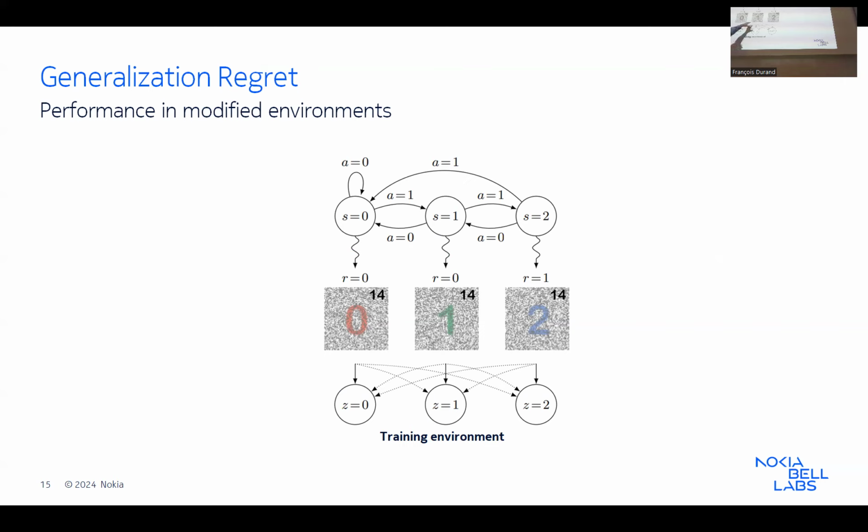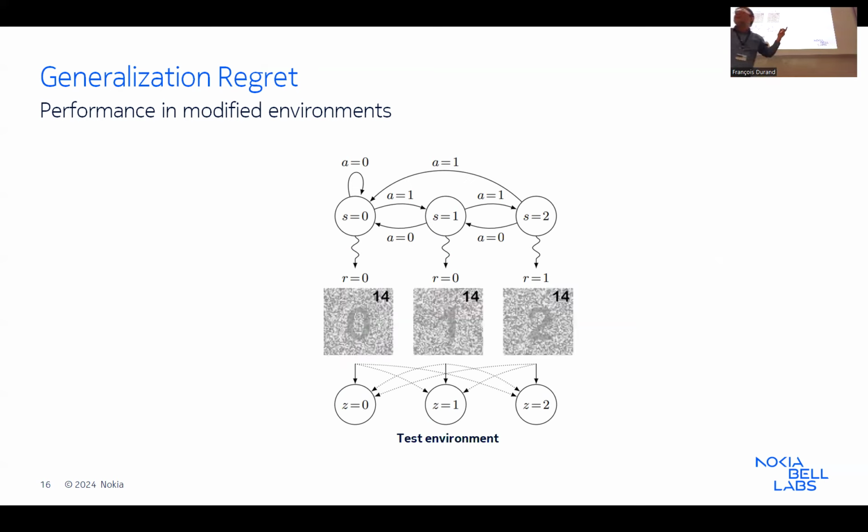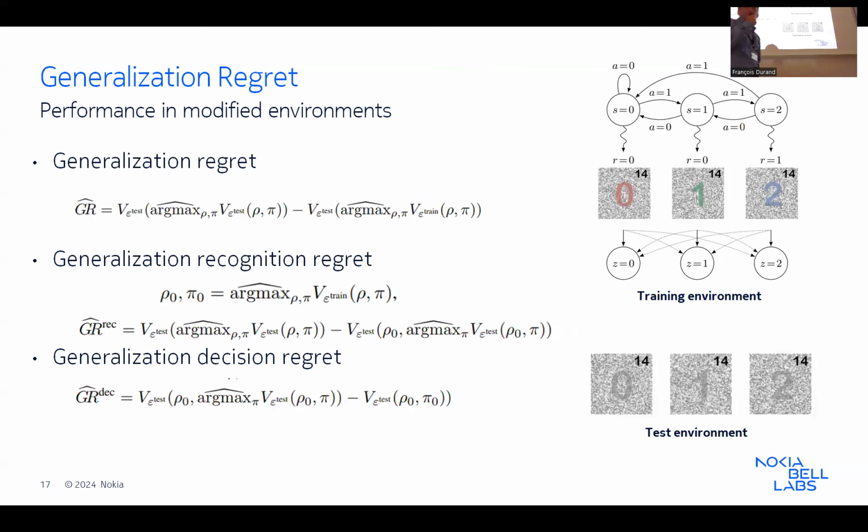So we're going to look at that in the same simple toy example, where the training environment looks like this, where we have colors on the numbers. But suppose we now test it in this modified environment where we remove the colors. Now you can still sort of see that's a 0, that's a 1, and that's a 2, but it's not so easy. It's slightly different from the training environment.